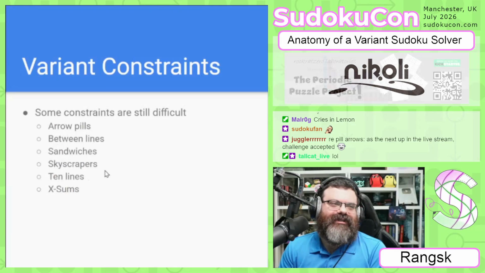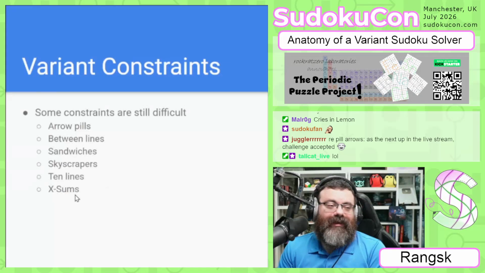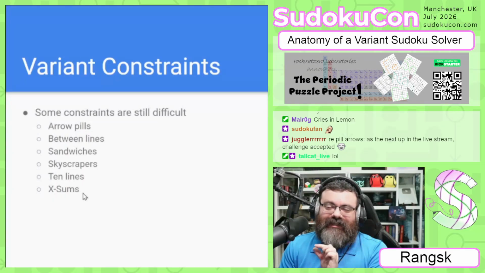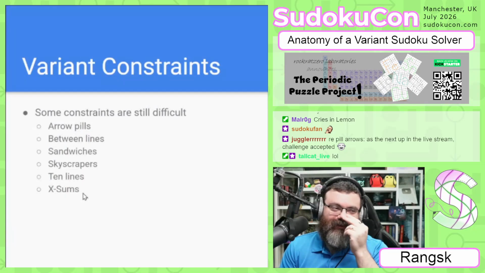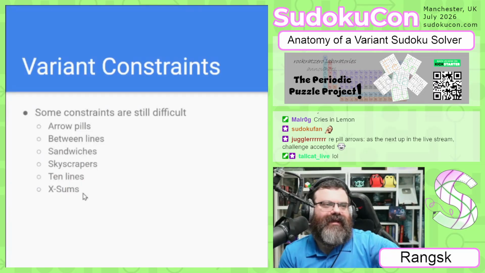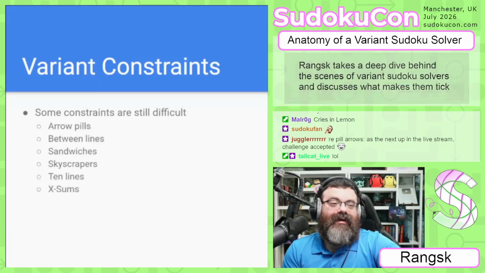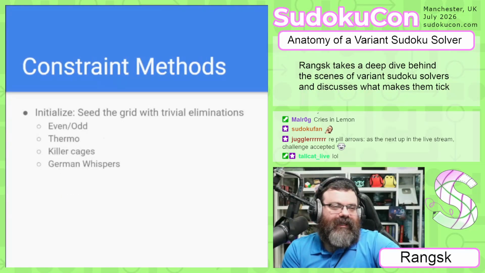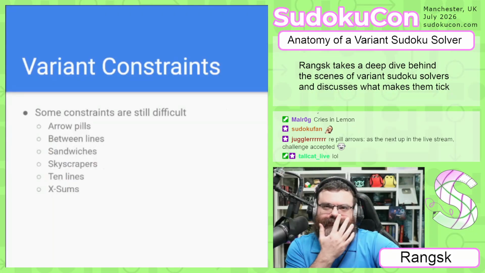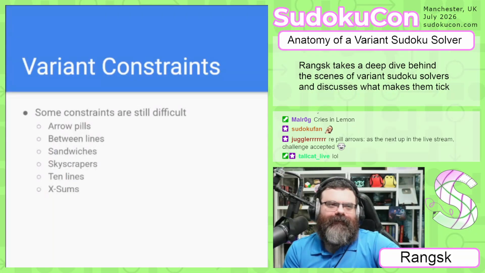So you notice that's a similar issue to sandwich. And then X sums, that first digit tells you how many cells to use. So until you know that first digit, you don't know how many cells are involved in the sum. So it takes some specialized knowledge to implement that. And so how do you make that fast is often the question, right? Yeah, and you have to do it in a specialized way. I was going to say something you mentioned then about the 10 lines and the segments.